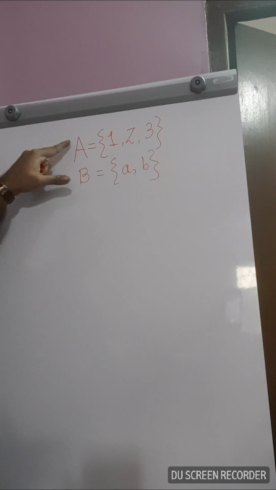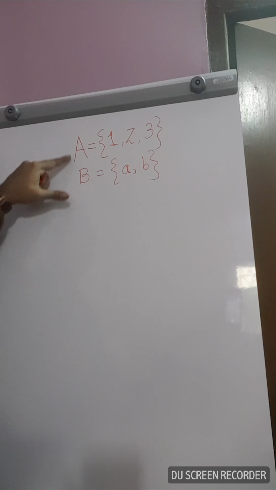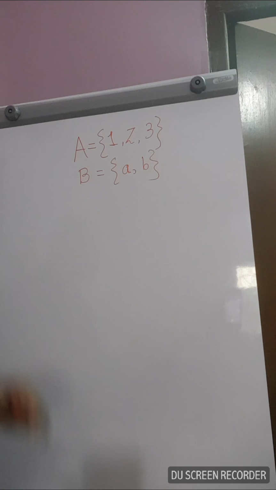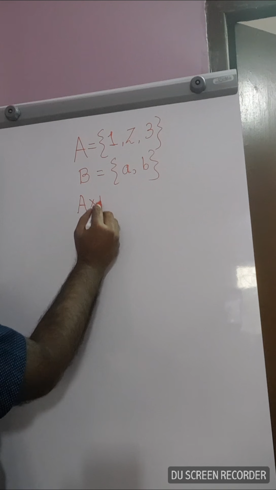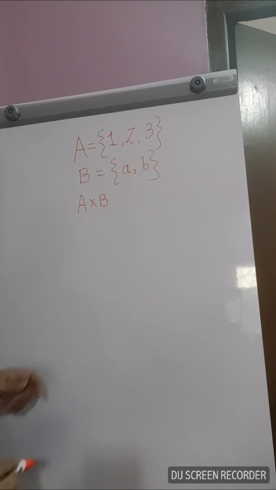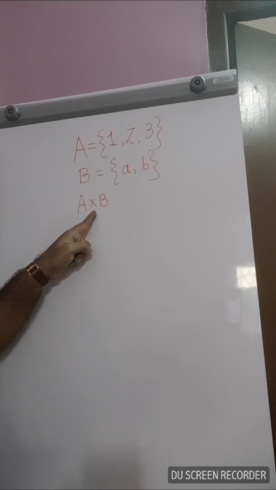Let us now try to multiply these two, that is, form the Cartesian product between the two sets A and B. Now the product is commonly denoted by the symbol A cross B, the same notation as we use in operations of arithmetic. The same notation for product is also used to represent the Cartesian product of two sets.